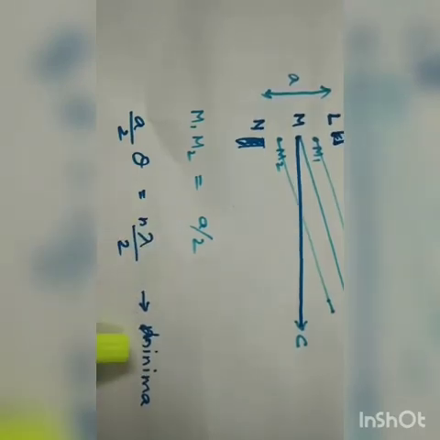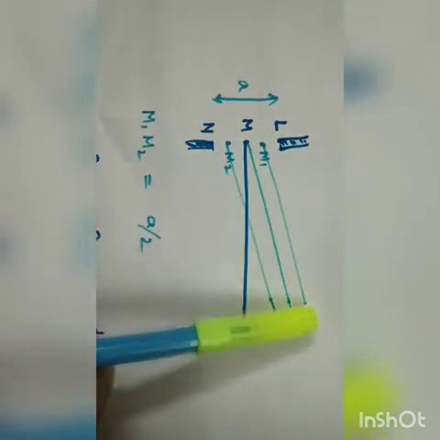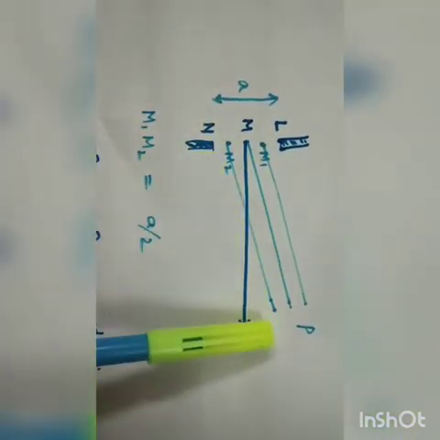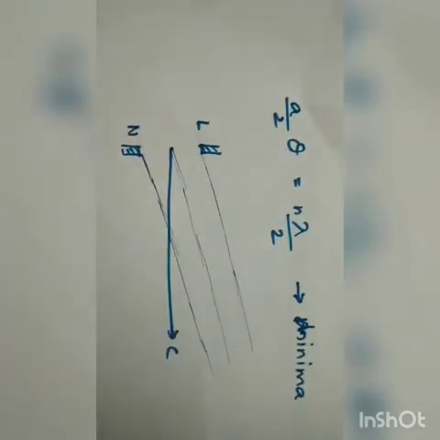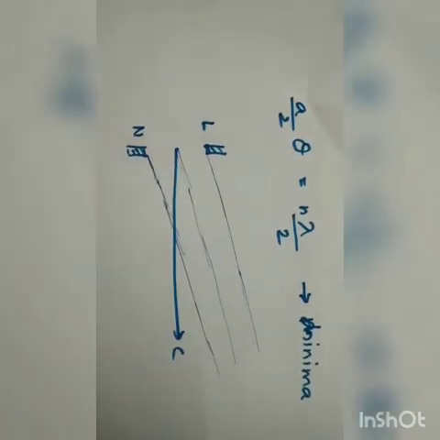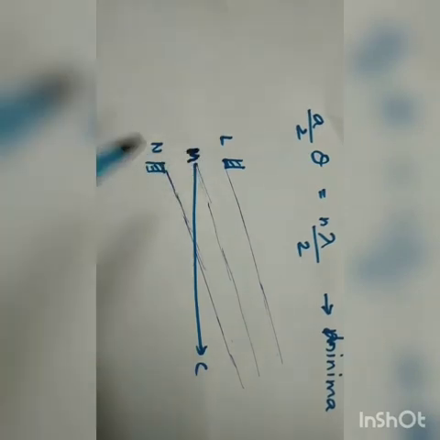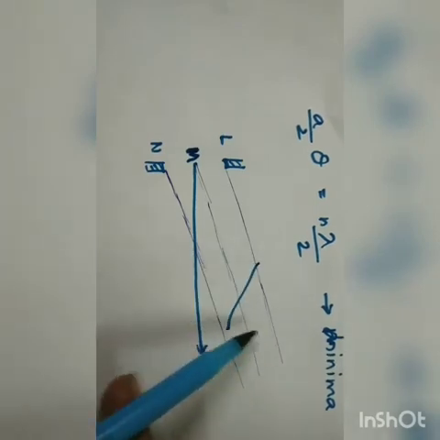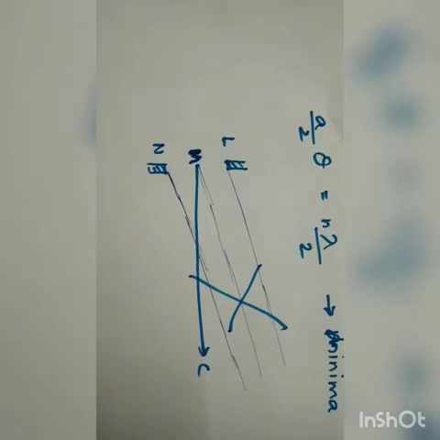So the light from M1 and the wave from M2 together form a destructive case, or minima. So when LN is divided into two halves at the center M, the light from one half and the light from the other half combine to form a destructive case, a minima.